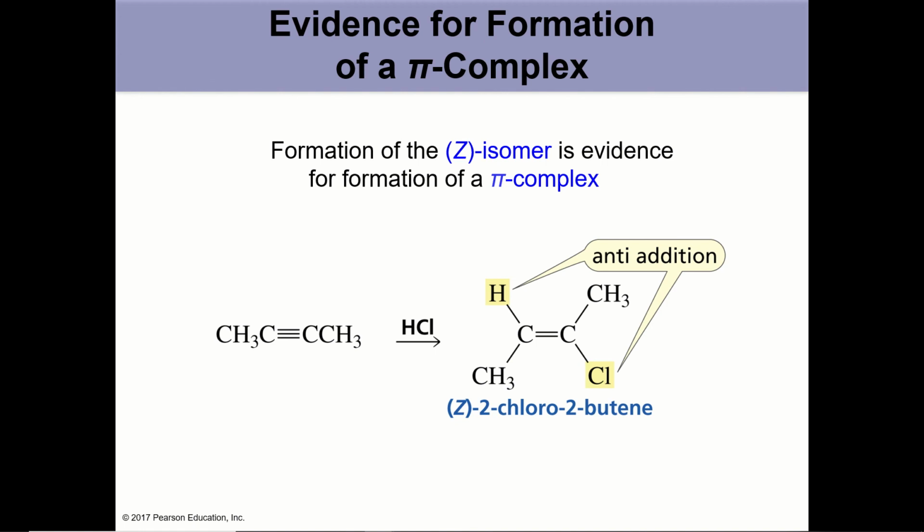What you do need to know is that when we add HCl to a triple bond, the hydrogen and the chlorine must add through anti-addition. So we're adding HCl across the pi bond.